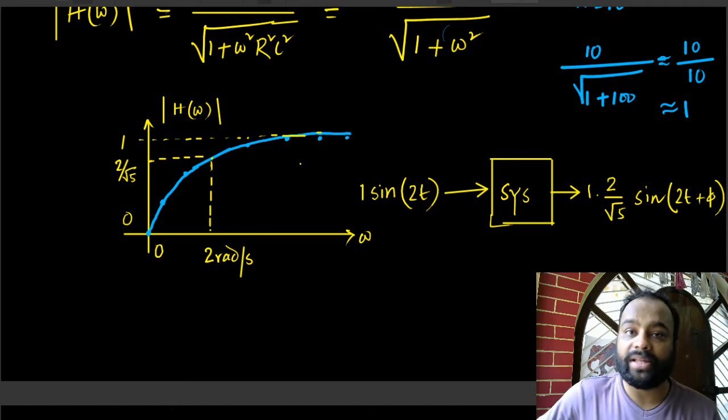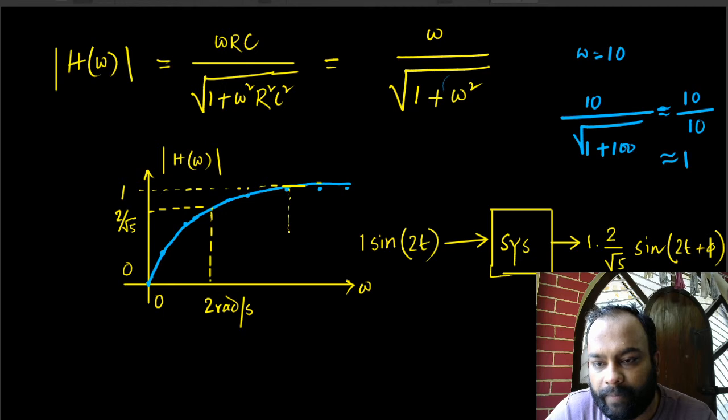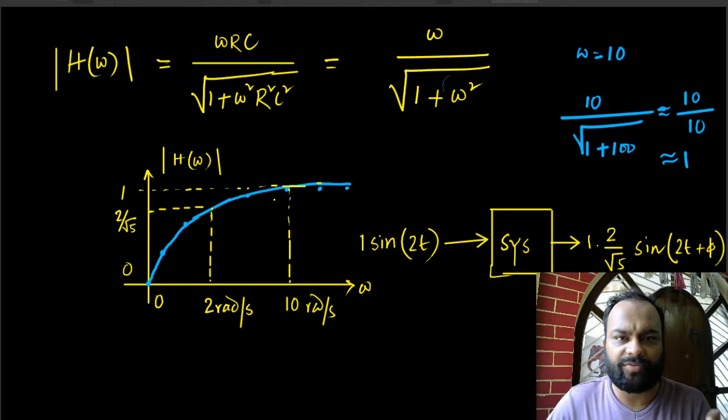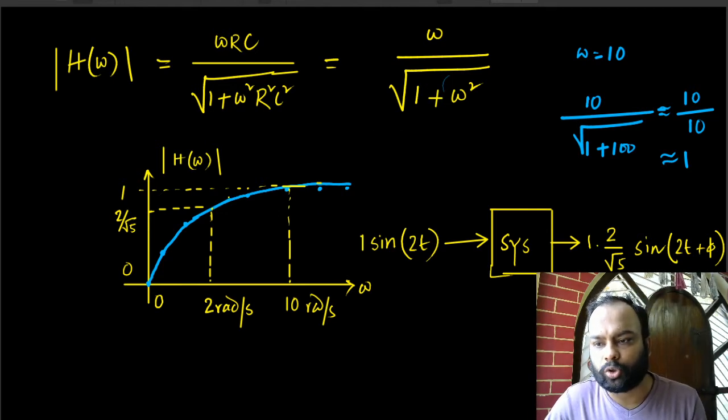And as the frequency becomes very large, for example, when the frequency becomes 10 radian per second, this amplitude response becomes very close to 1, right?